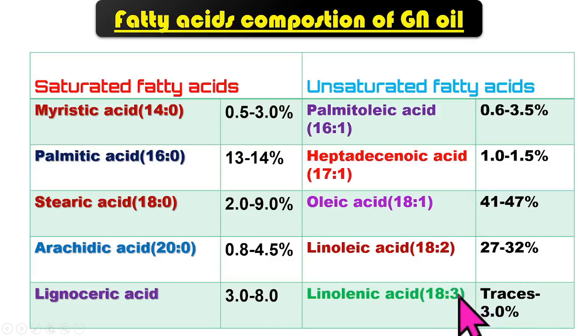When counted from the omega carbon, the first double bond is on the third carbon. That is why it is omega-3. The linoleic acid above is also a polyunsaturated fatty acid, known as an omega-6 fatty acid. Both are essential fatty acids which our body can't synthesize. So we have to take groundnut oil to fulfill this fatty acid requirement of our body.